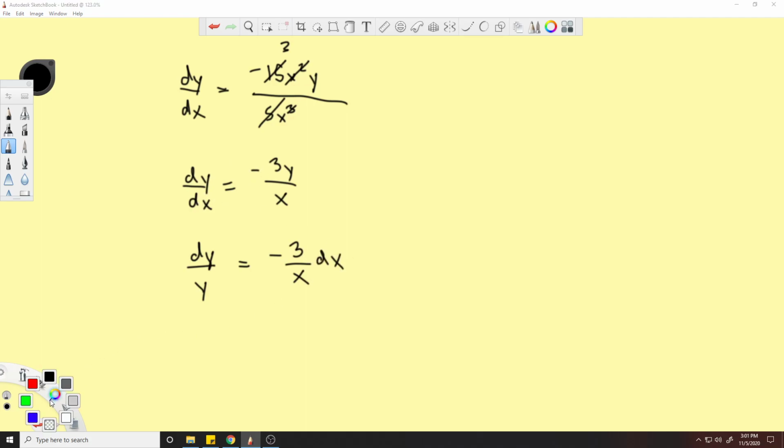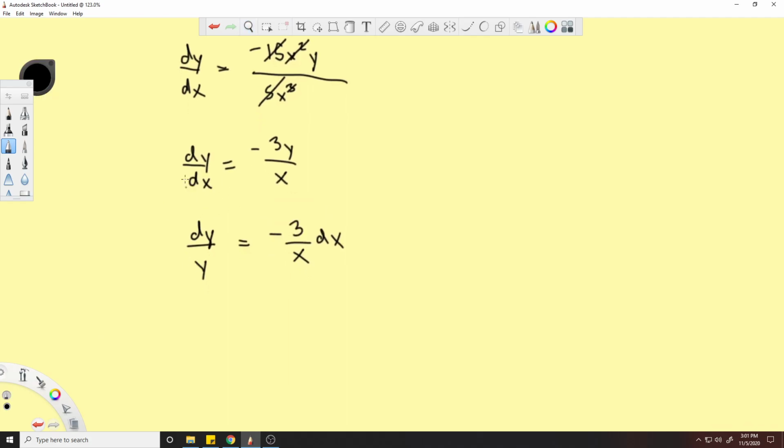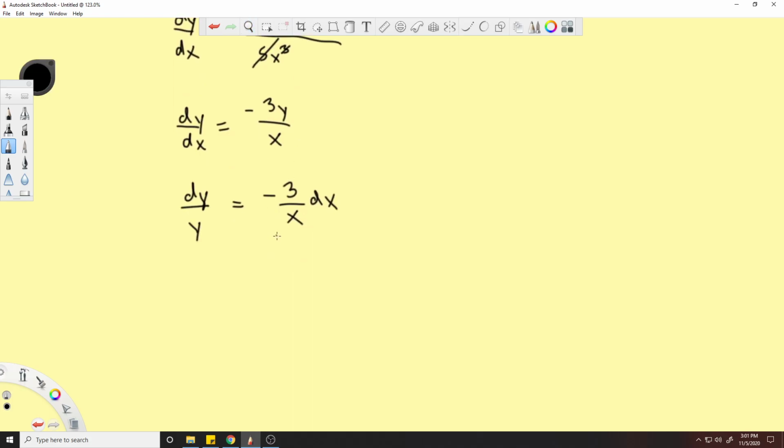Just to make sure I'm not losing anybody, I have divided by y and brought it over to this side, and then I have multiplied by dx and brought it over to this side. We're treating this as a fraction. It's really a derivative operation, but it works out in the math.